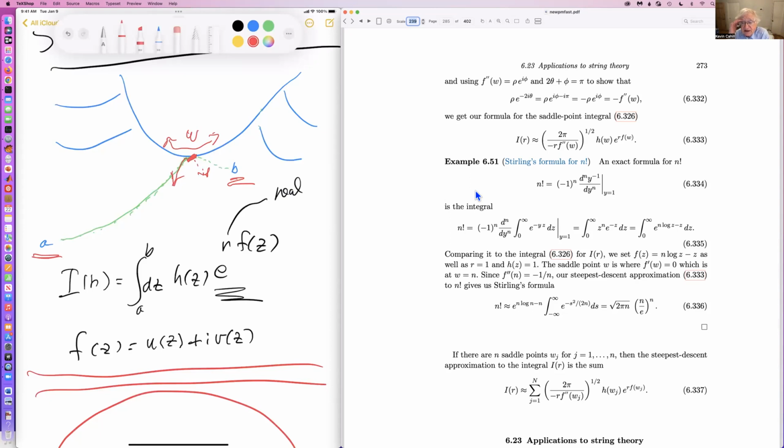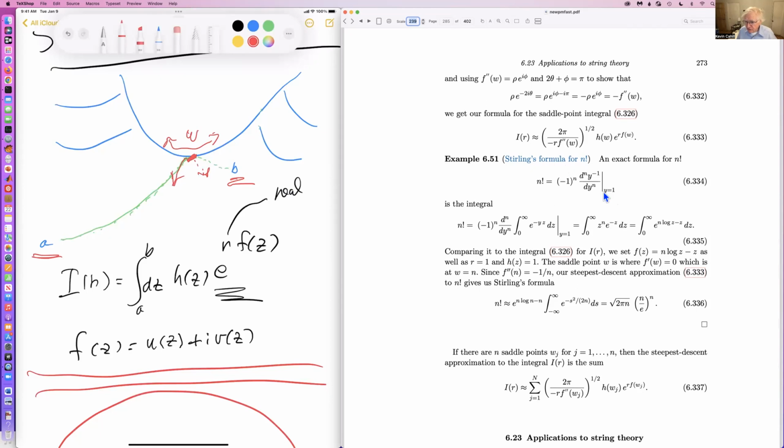A nice application of the method of steepest descent is to Stirling's formula. Now, Stirling's formula is, let's put it this way, n factorial exactly is minus 1 to the n times the nth derivative of y to the minus 1 with respect to y, evaluated at y equal to 1.